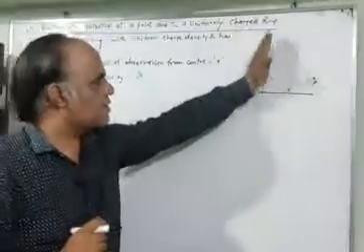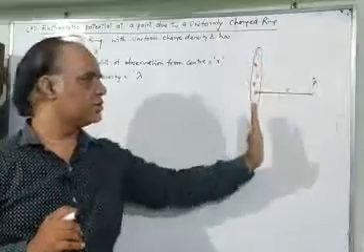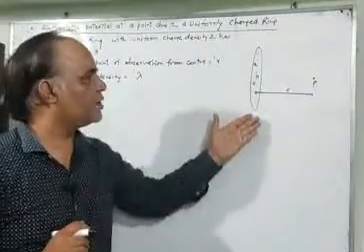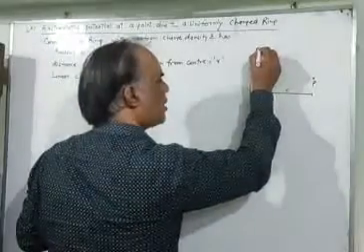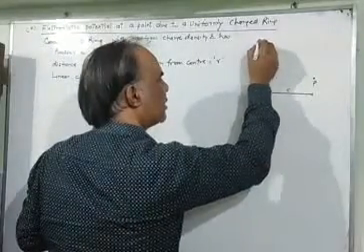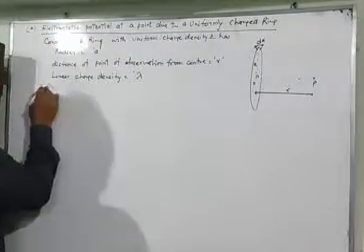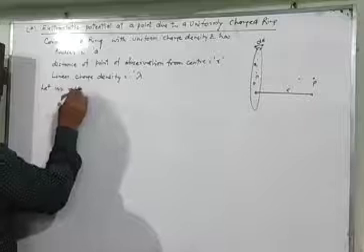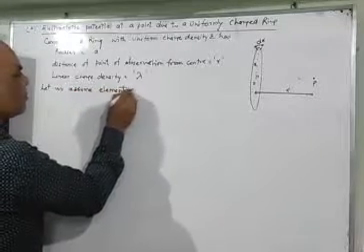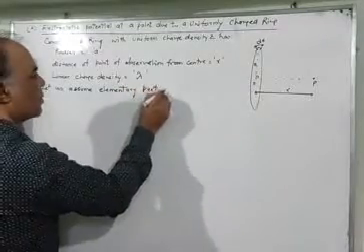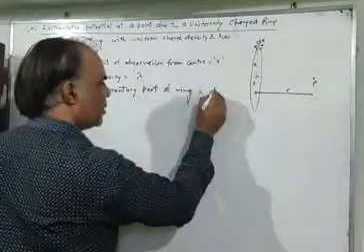Since the charge is distributed uniformly throughout the length of the ring, we shall just assume an elementary part of the ring, that is dx. So let us assume elementary part of ring is equal to dx.